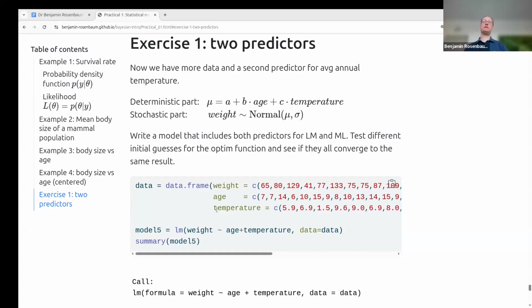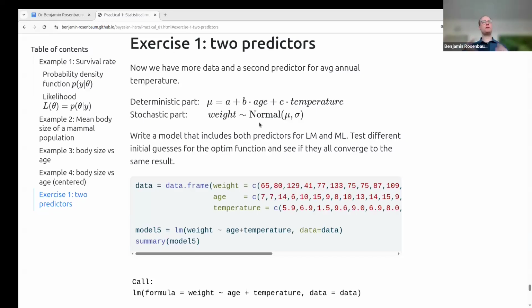So we have an additional environmental predictor, an environmental covariate, and you can try to write this model here, turn this into a likelihood function, and let the optim function find the best value.